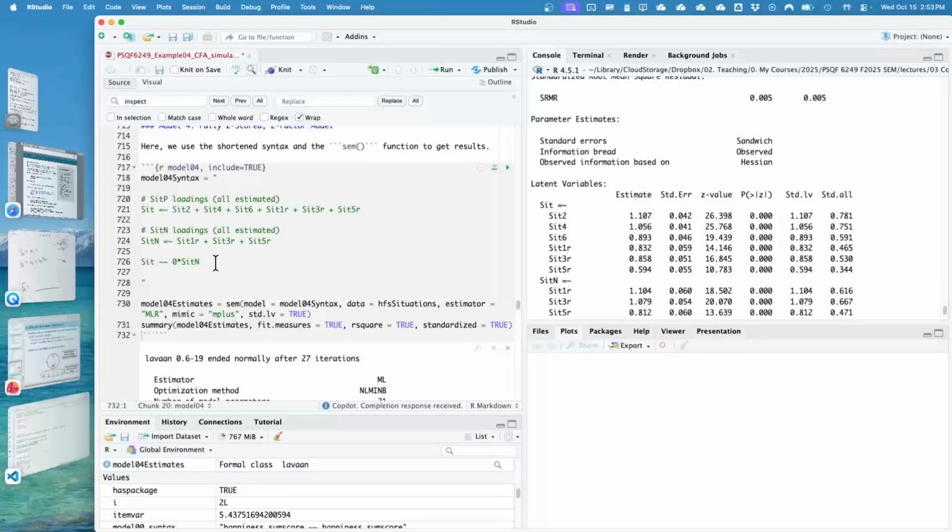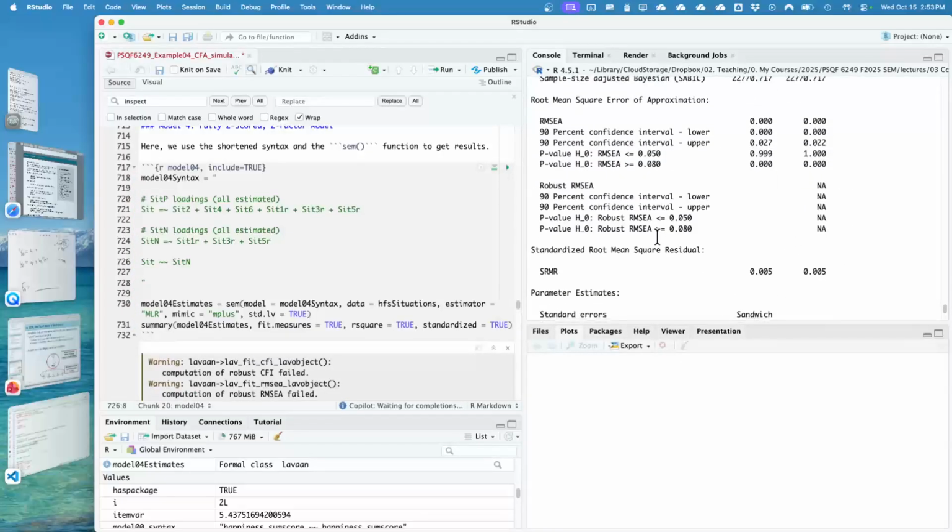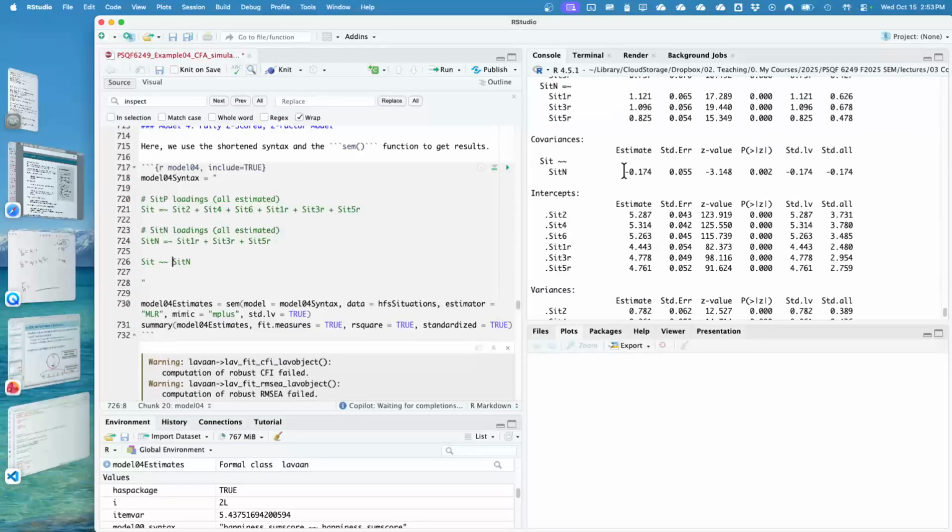But if I wanted to let it be correlated, let's see what would happen. We could, in theory, make that work. It still fits, and our correlation estimate is negative 0.17. Not very strong at all, no. It's tough to tell, and in the absence of another experiment or another study, I don't know.